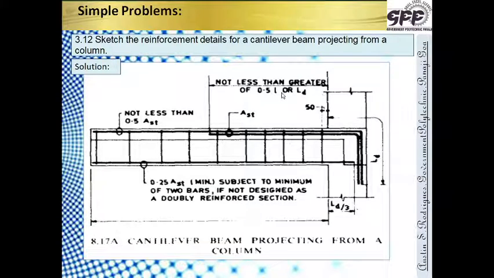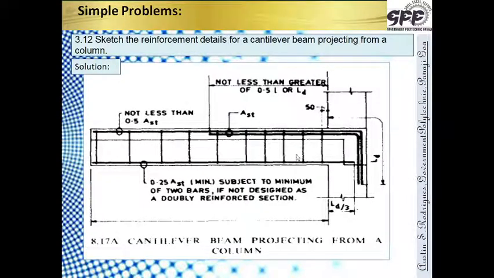Similarly, from the support till the portion where the bar is cut, the distance cannot be less than the greater of 0.5 times L, that is half of this, or LD. So this is the distance. Please note one thing which is very important. We find that the first stirrup starts at 50 mm from the face.